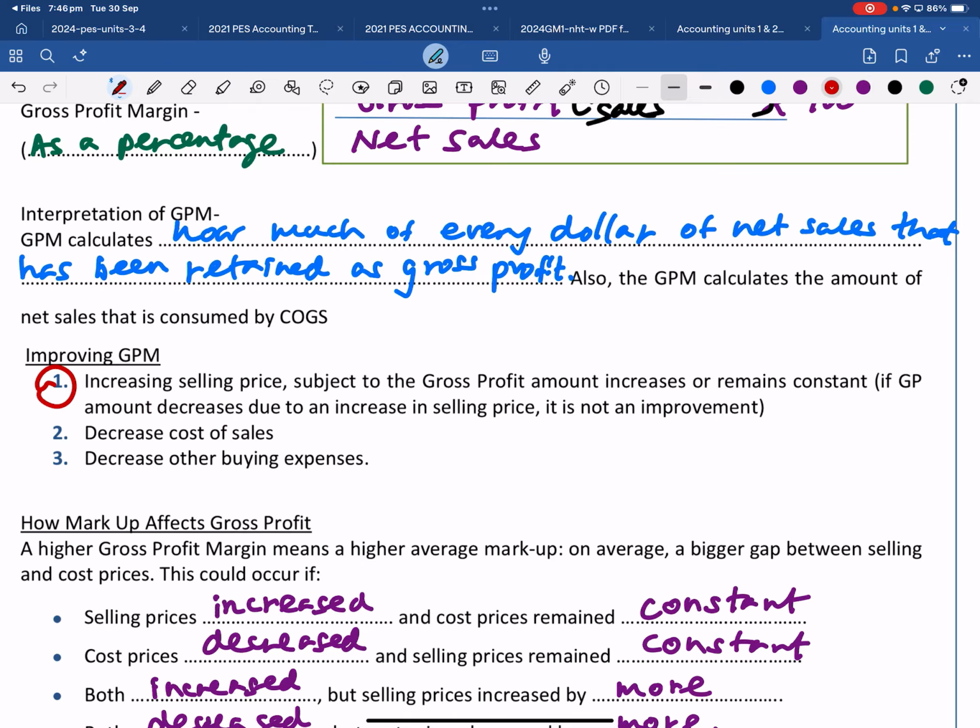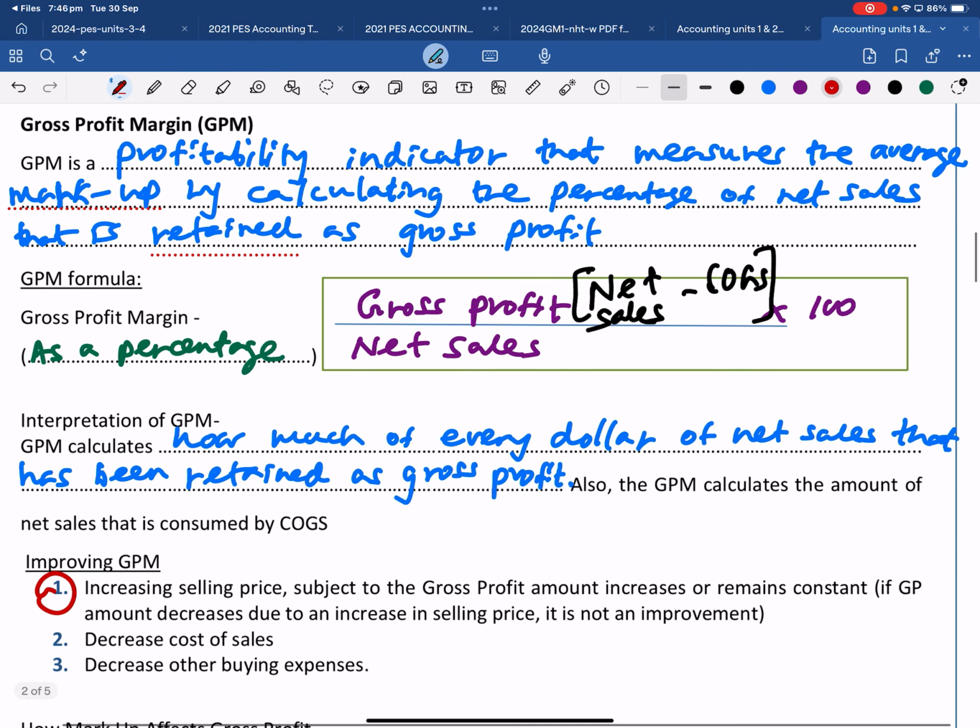The thing is, guys, gross profit margin is calculating an average. What is average? For every dollar of net sales. So that average will increase, but GPM actually doesn't calculate what happens to the gross profit amount. Make sense? Yeah. That's the story.